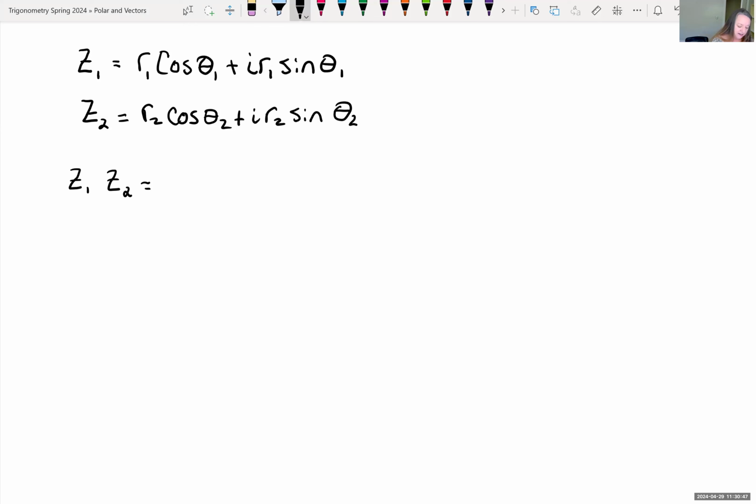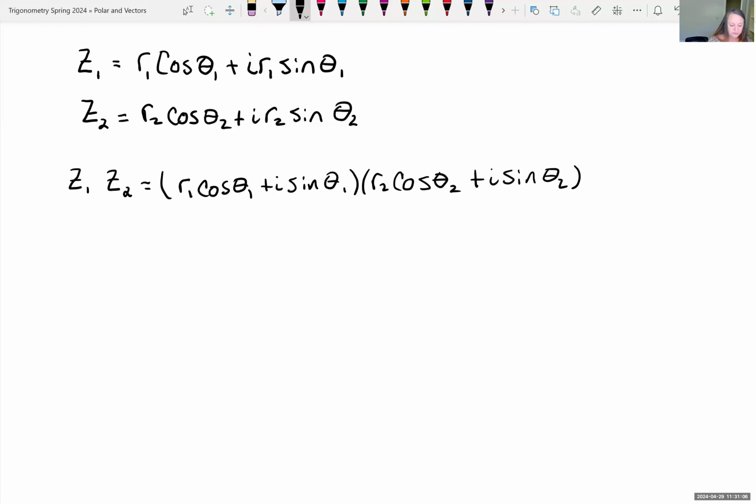So we're looking at multiplying this out: r sub 1 times cosine theta sub 1 plus i sine theta sub 1, all times r sub 2 times cosine theta sub 2 plus i sine theta sub 2. Let's distribute that out and see what we get. Distributing r sub 1 cosine theta sub 1 times r sub 2 cosine theta sub 2, we get r sub 1 r sub 2 cosine theta sub 1 cosine theta sub 2.